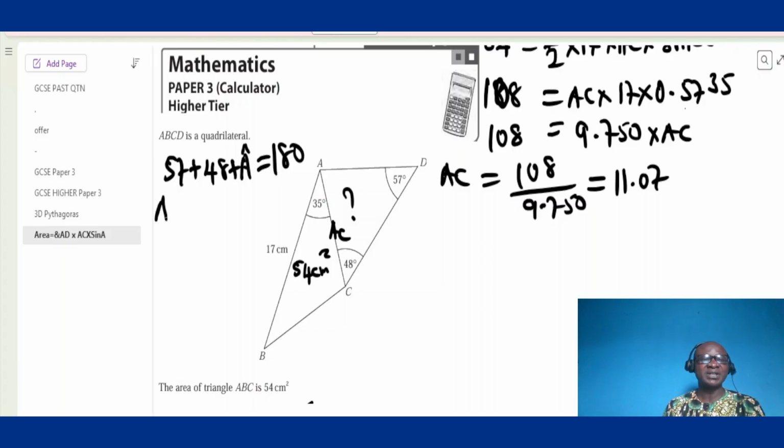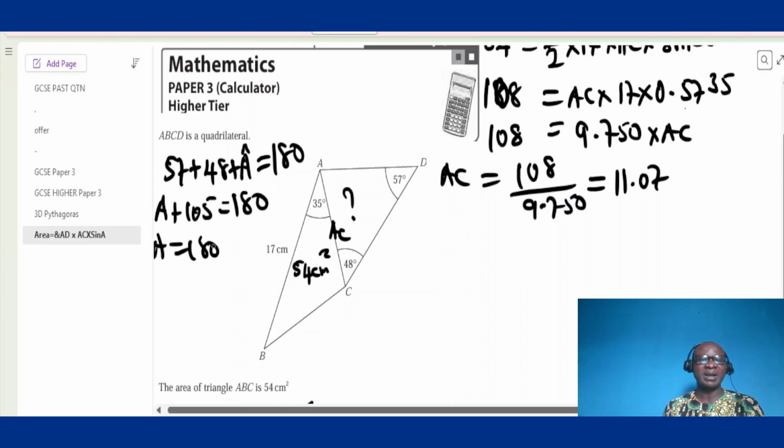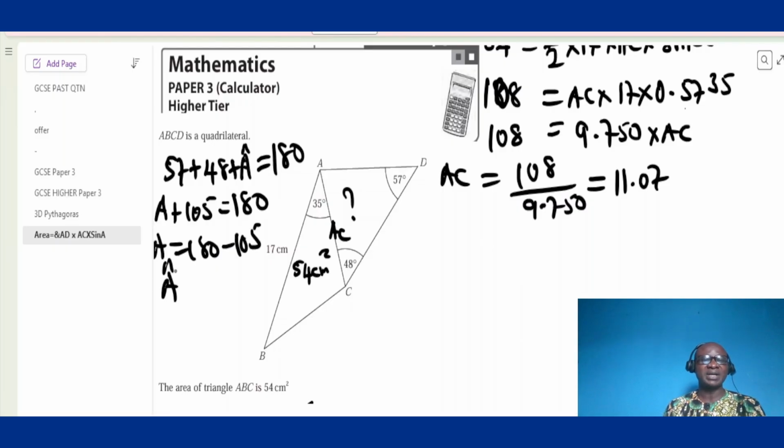So angle A plus 105 is equal to 180, meaning that angle A will be 180 minus 105. So the angle at A is going to be 75.